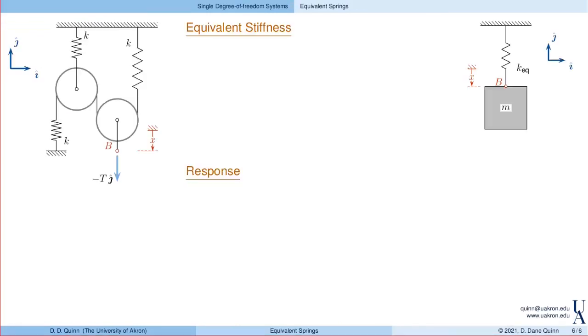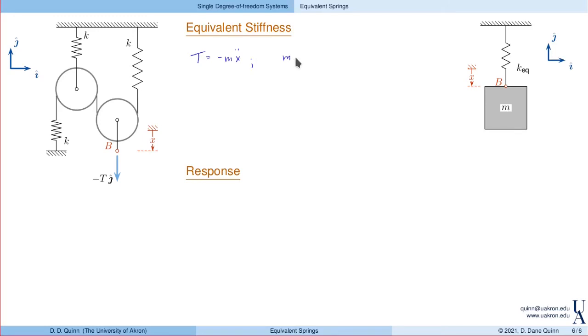Or, if I look at the point B, if I pull this down with force T, this was the tension, I can ask, what force is generated? So the tension in the cable, remember, was written as minus mx double dot. That was from linear momentum balance applied to the block.